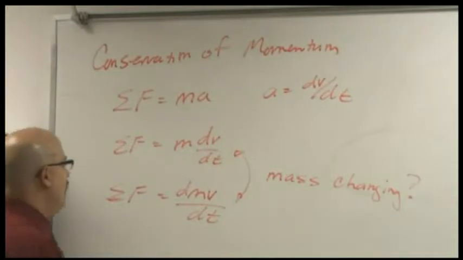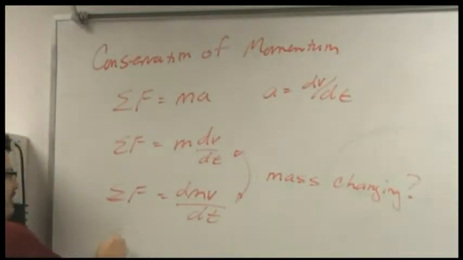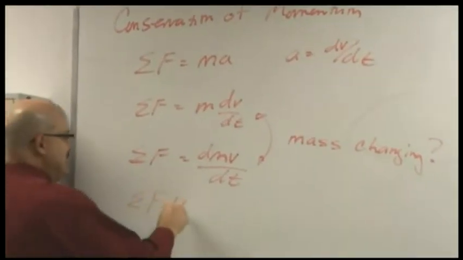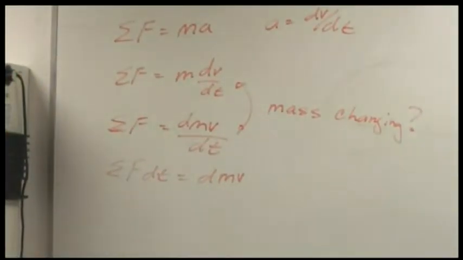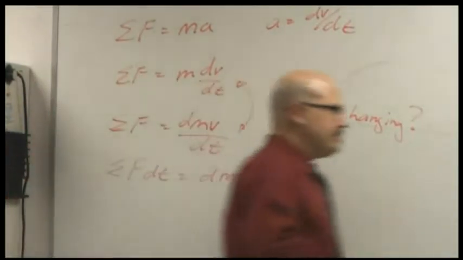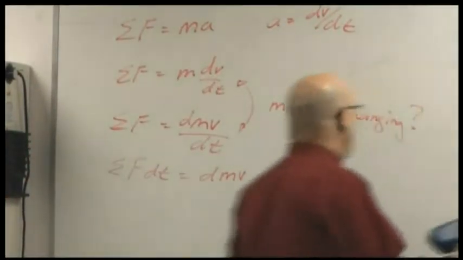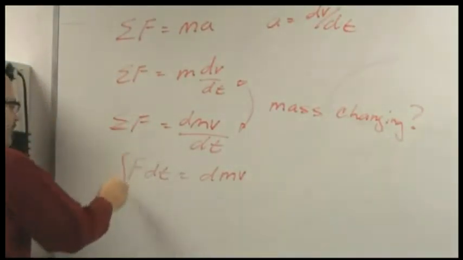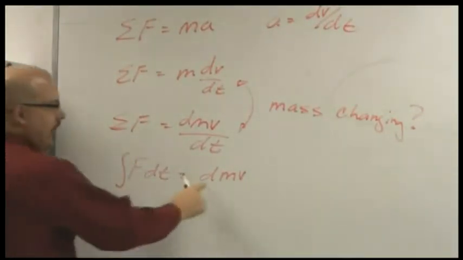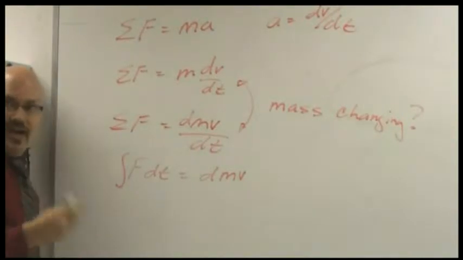From here to here, let's change this around. Sum of F dt equals d(mv). And let's get rid of that sum, because what that really means is integral. And d(mv) is the change in mv.